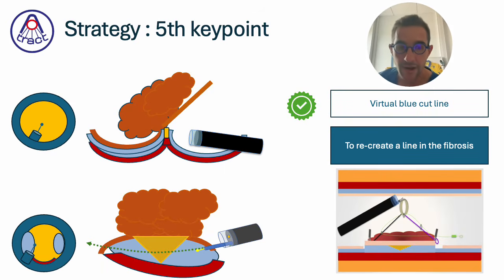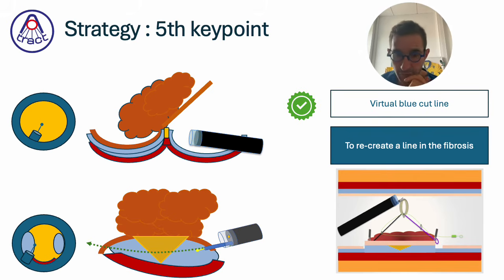And finally, it's really difficult sometimes when you are in a very fibrotic area where you see only fibrosis. It's yellow or whitish or yellowish everywhere. You don't know where you have to cut and you can damage the specimen by going into the specimen.